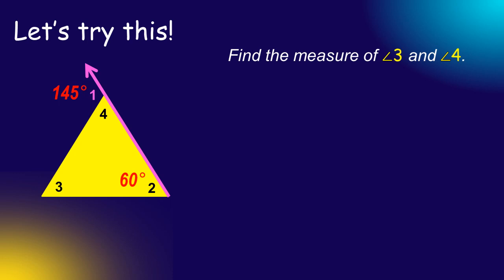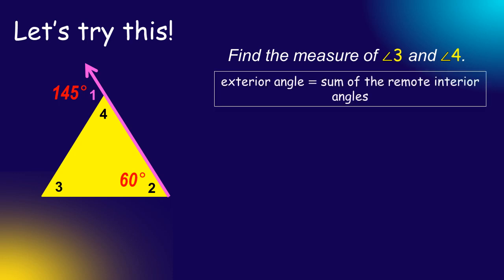How is angle 3 related doon sa angle na may measurements? Okay, tignan natin mabuti. Kung mapapansin natin, si angle 3 ay isa sa remote interior angles of angle 1. Pwede nating gamitin yung concept na to. Exterior angle is equal to the sum of the remote interior angles.